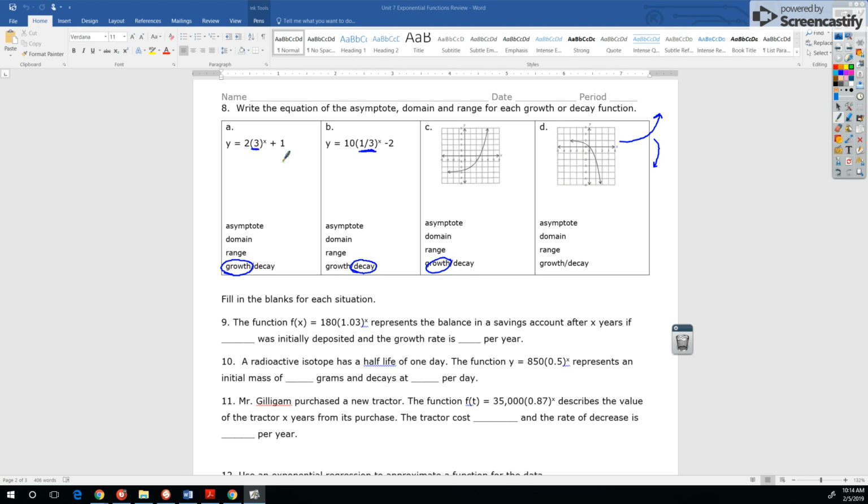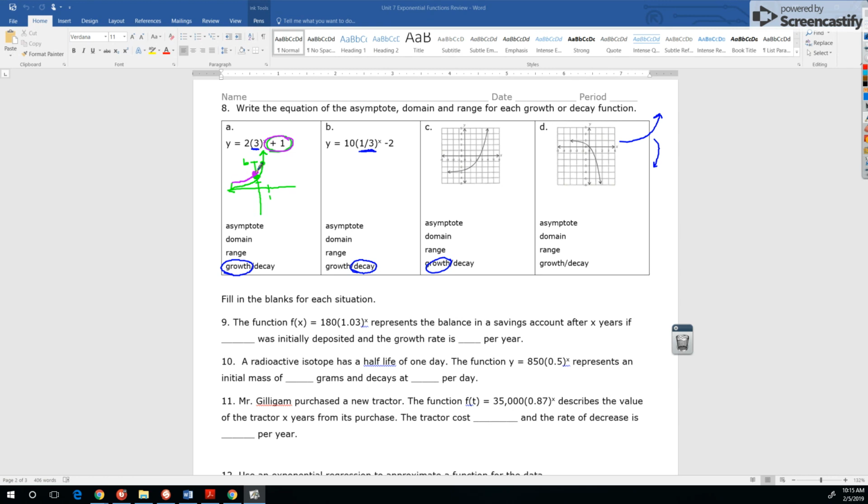So asymptote. This plus 1 means that my graph of 2 times 3 to the x is shifted up 1 unit. So just 2 times 3 to the x is going to have a y-intercept of 2. And triple, so 1 would be at 6. But that plus 1 means I'm going to move this graph up 1 unit.